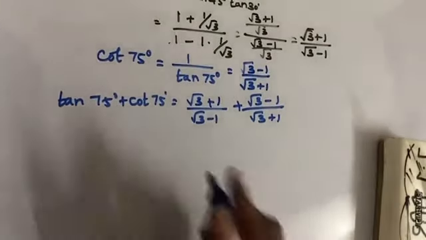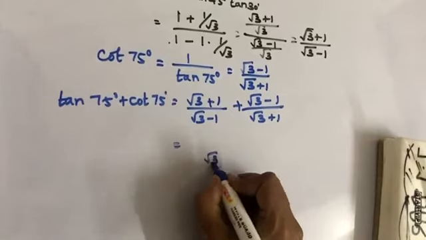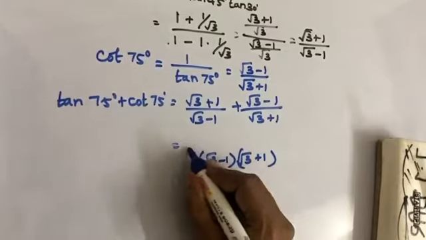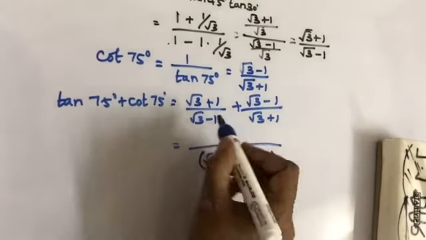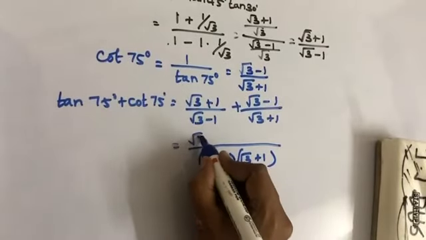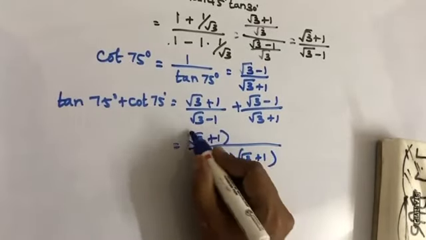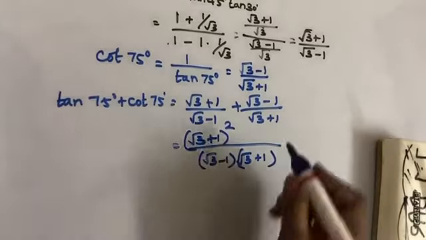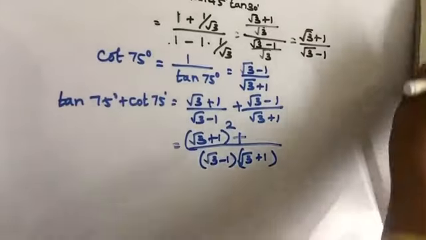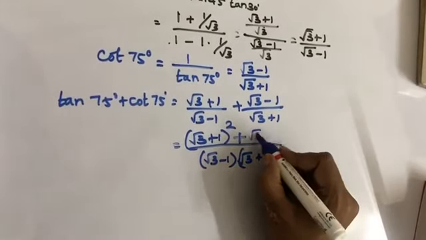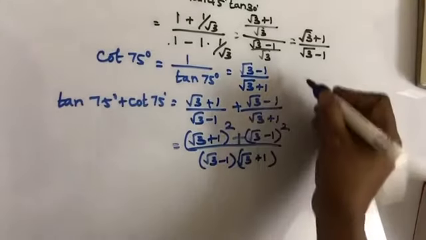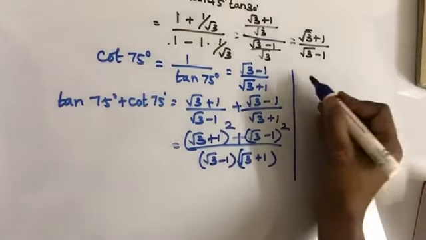So we'll take root 3 minus 1 into root 3 plus 1 as LCM. Here in the numerator, you have to multiply this with root 3 plus 1. So already root 3 plus 1 is there in the numerator, so root 3 plus 1 square, plus here root 3 minus 1 is there already, so it is root 3 minus 1 the whole square. Now we have to expand.